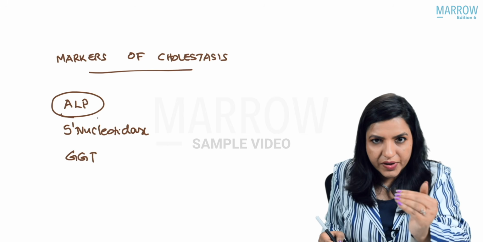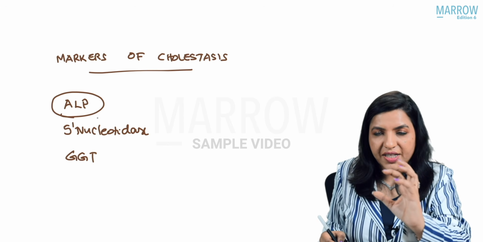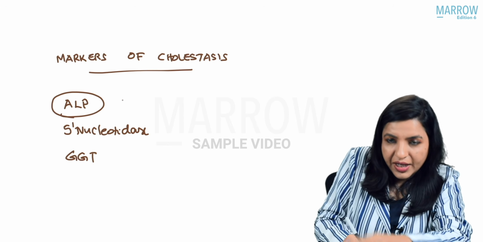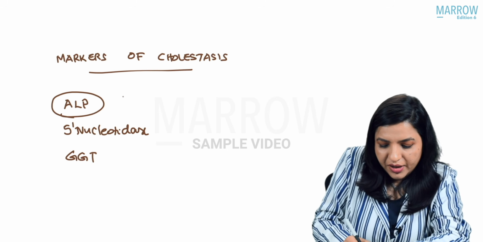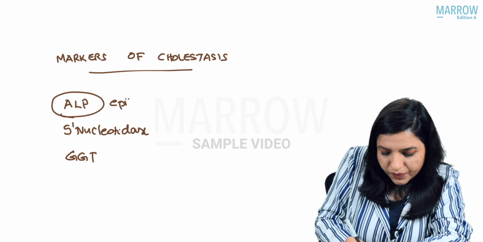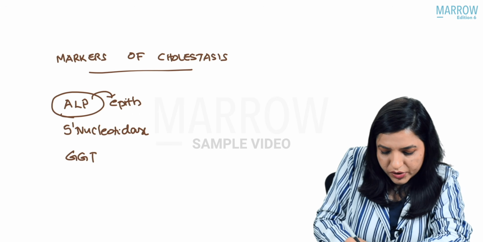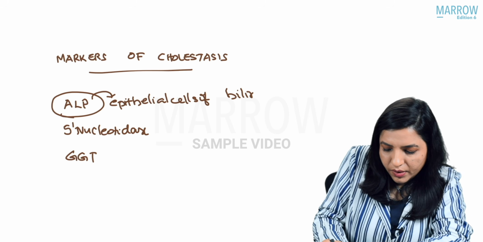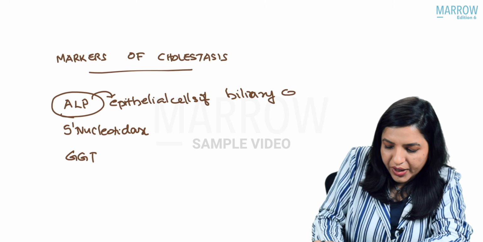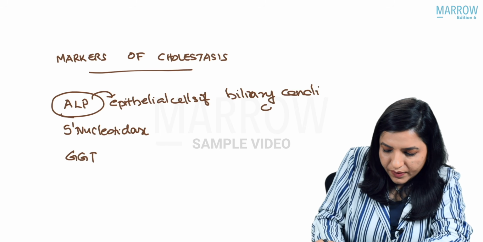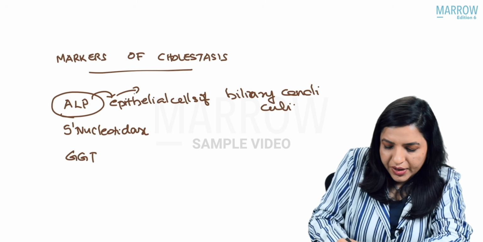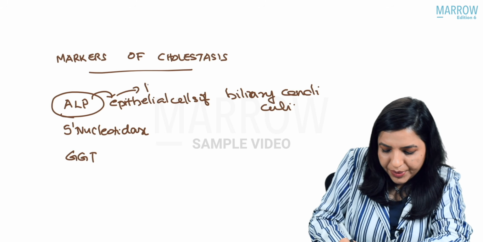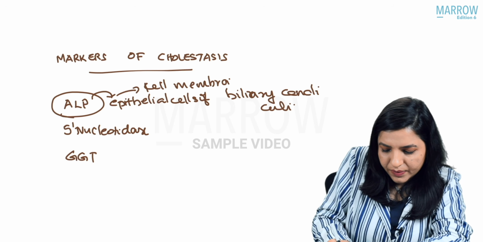Particularly in liver disease, it's a marker of cholestasis. This alkaline phosphatase is present in the epithelial cells of the biliary canaliculi, in the cell membrane.